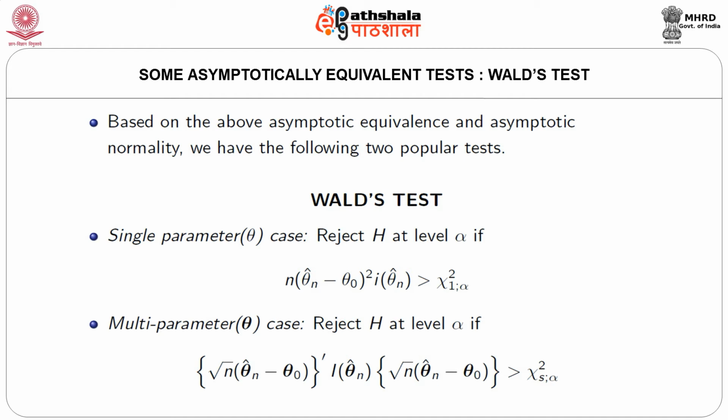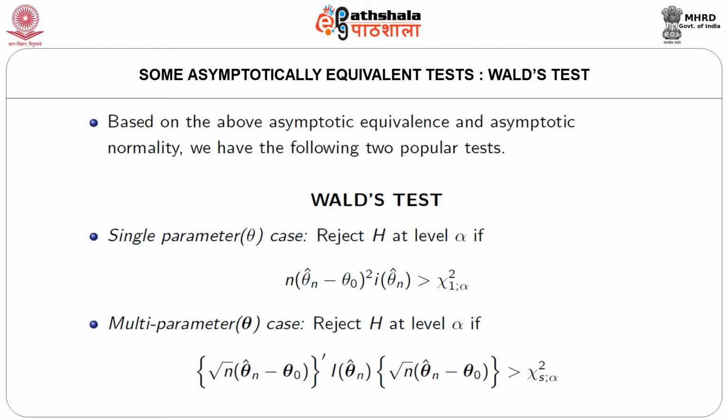Here we reject our null hypothesis H, which says that theta curl equals theta naught curl, at level of significance alpha if root n times theta n hat curl minus theta naught curl prime, the matrix I of theta n hat, root n times theta n hat curl minus theta naught curl is greater than chi square S comma alpha, where chi square S comma alpha denotes the upper 100 into alpha percent point of chi square distribution with S degrees of freedom.